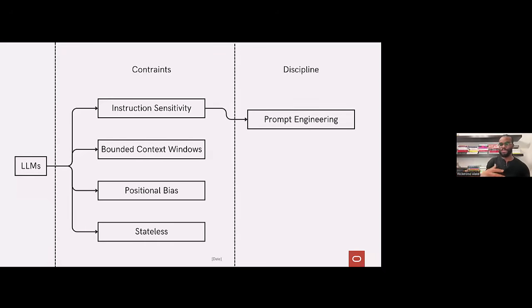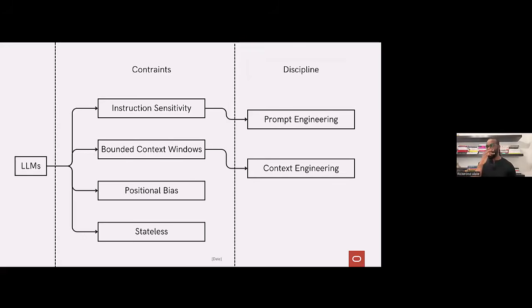Now, there's a bunch of disciplines that have emerged from the space of agent engineering or AI engineering to solve some of these constraints. Prompt engineering is a popular one, and now we're going into the realm of context engineering, which is used to solve the bounded context window and positional bias. We have a bunch of techniques that are solving that.